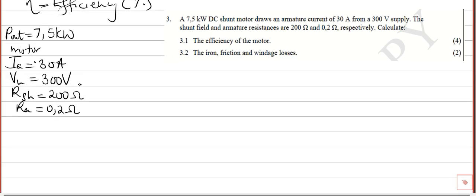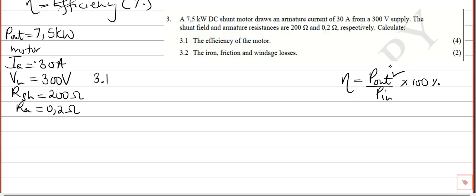Now to calculate efficiency of our motor, we have already established that efficiency, I'll write the formula down here or maybe on the side. Efficiency equals P out over P in times 100%. Based on the given information, we have P out.